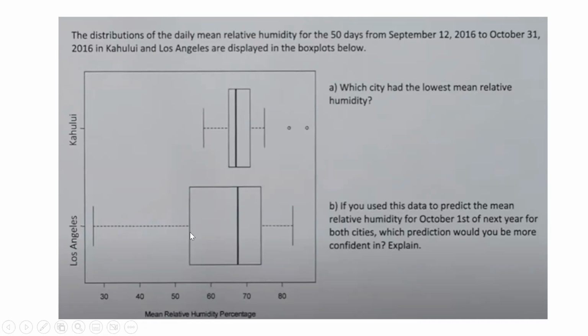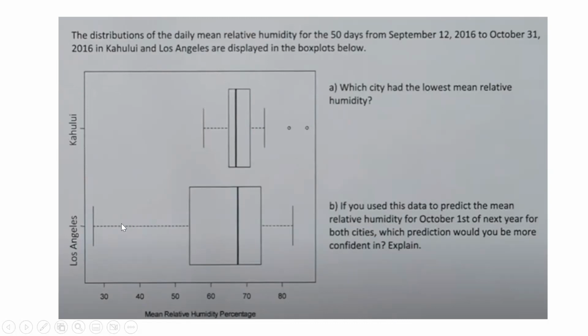So that means that the lowest 25% of the mean relative humidity in Los Angeles are lower than all the data points in this Kahului country.